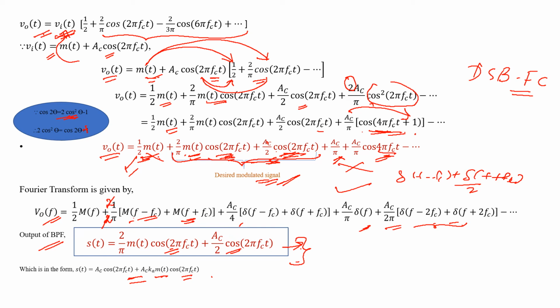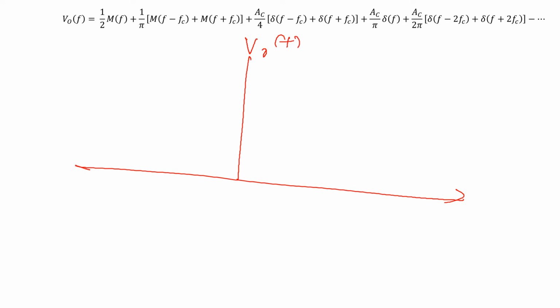So next we will see how to draw the spectrum. If I draw the frequency spectrum of the signal as V naught of f, what are the signals which you will be getting? You will be having your message signal, right, with minus W to plus W spectrum.